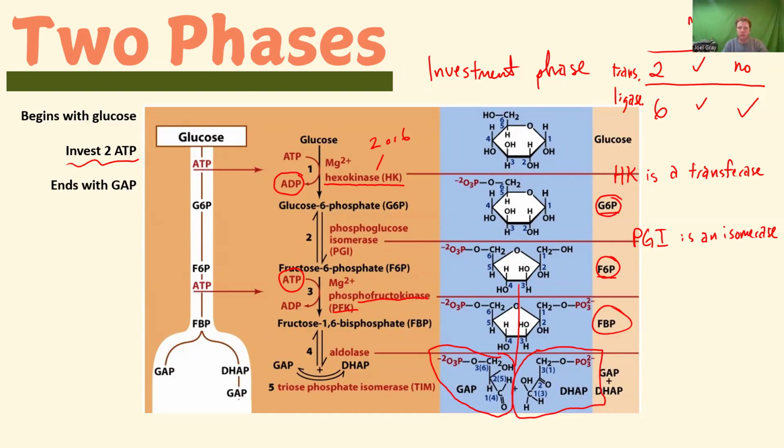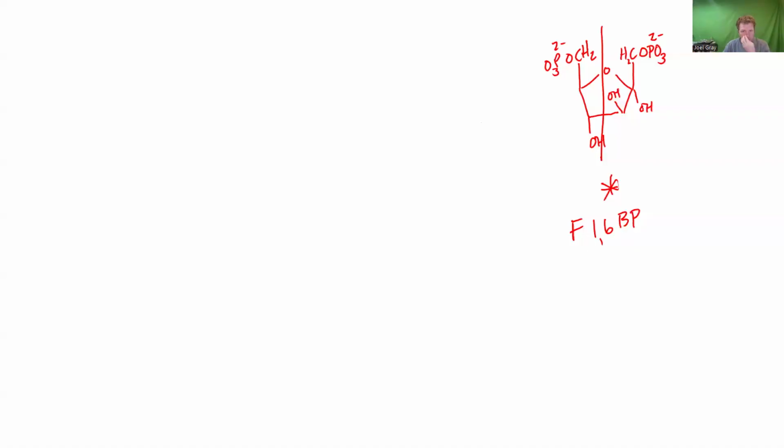GAP and DHAP. Do those molecules look kind of similar to one another? Well, they should. They are both 3-carbon molecules. One of them is an aldose, one of them is a ketose. Glyceraldehyde 3-phosphate is an aldose, and dihydroxyacetone phosphate is a ketose. So we've got an aldose and a ketose that result from our fructose 1,6-bisphosphate splitting.